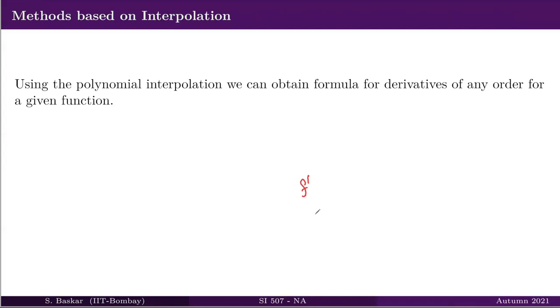If you recall, we derived these formulas directly from the definition of f dash that we learned in the calculus course. Now, if you want to approximate higher order derivatives, then it's not that easy to go for the basic definition every time.